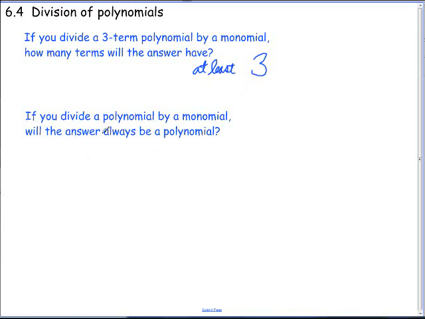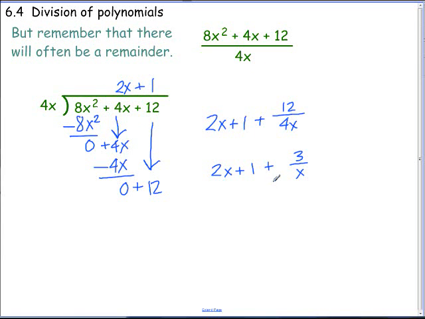If you divide a polynomial by a monomial, any polynomial by a monomial, will the answer always be a polynomial? This wasn't. This remainder changes it. This is no longer a polynomial. It doesn't fit the definition, which was that x always has an integer exponent. It cannot have a negative.